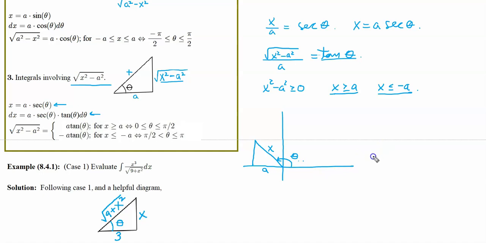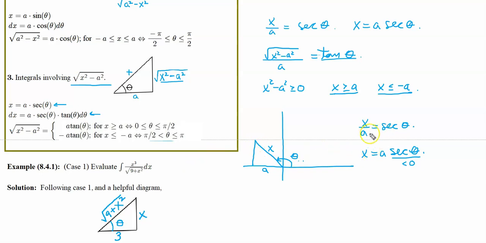Okay. So then in this case, you'll notice that x over a equals secant theta, so x equals a secant theta. Now you see we need the x to be a negative number, right, because x is supposed to be less than negative a. Well, if we put the diagram in the second quadrant, the secant will be negative. This is less than 0 when theta is in the second quadrant, as we have it labeled here.